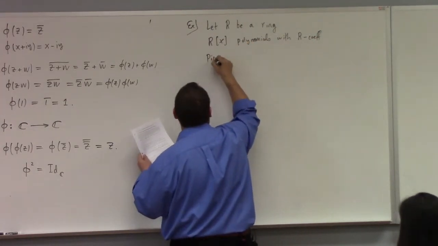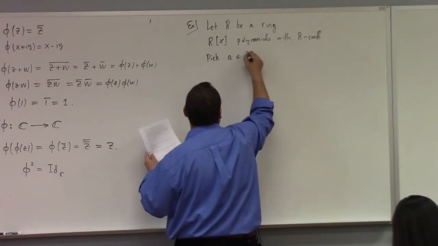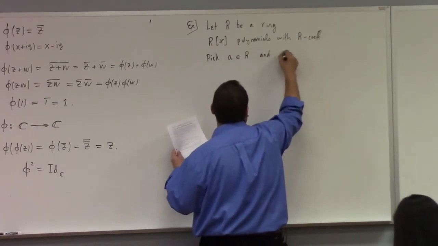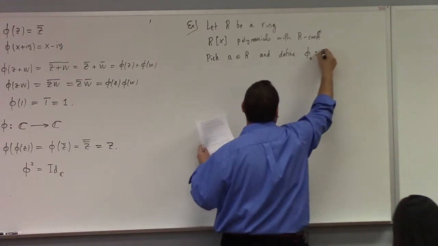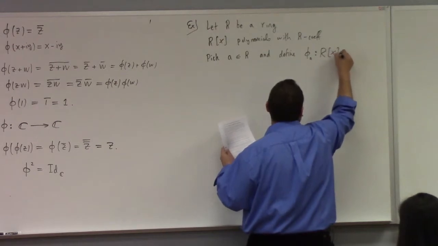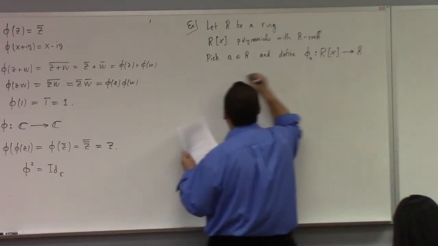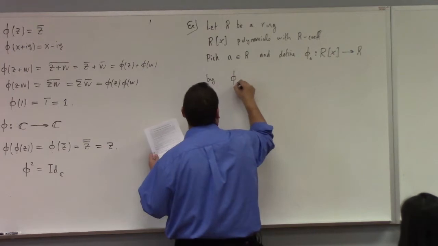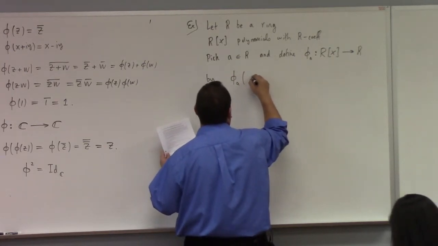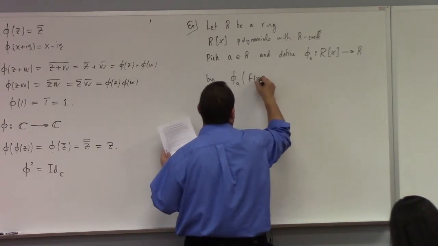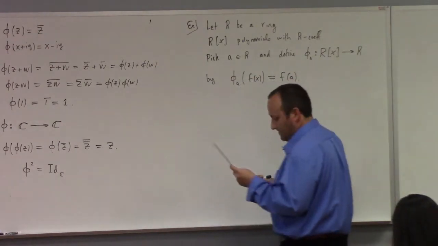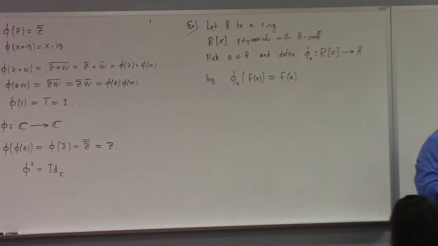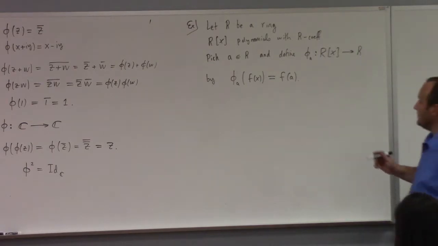Pick a to be some element of the ring and define phi sub a mapping from the polynomials to the ring by phi_a of f(x) just equal to f(a). All right. This is the so-called evaluation map.